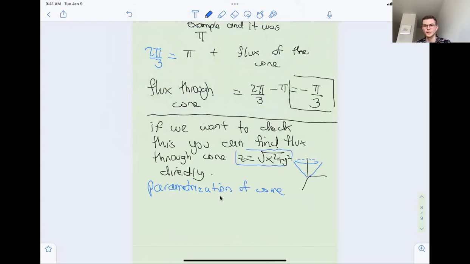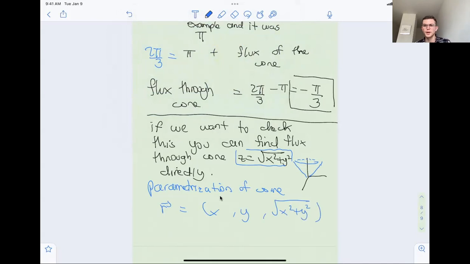It's the cone without the top, just the conical part of the ice cream. That's one parametrization. Excellent.